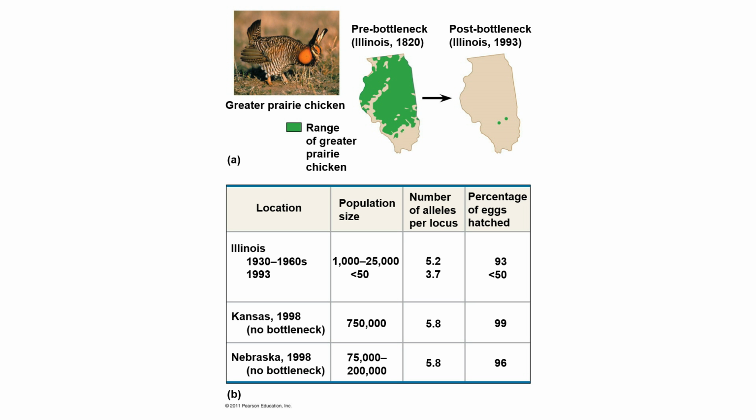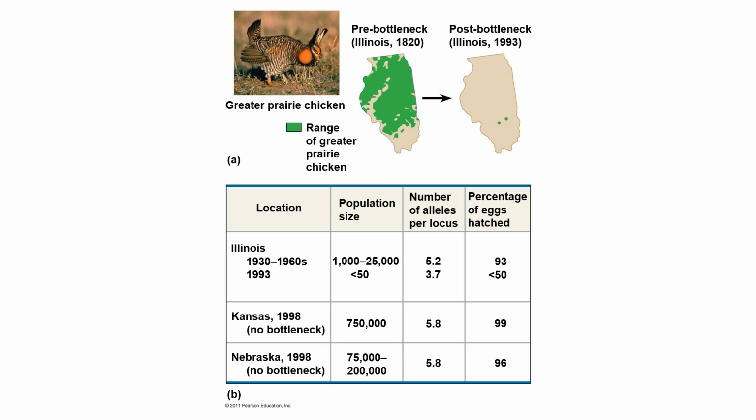In 1993, that got reduced to less than 50. For these prairie chickens, prior to the bottleneck, for each locus they examined, they had 5 alleles. But after this bottleneck, they only had 3.